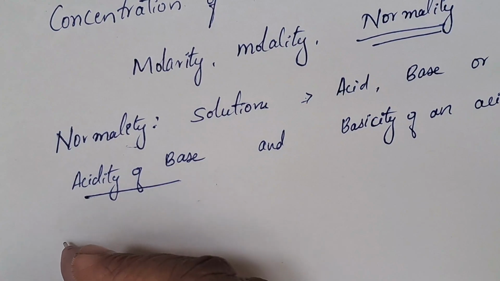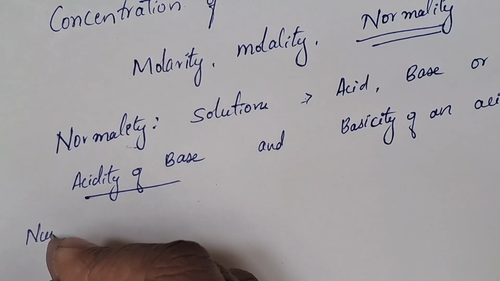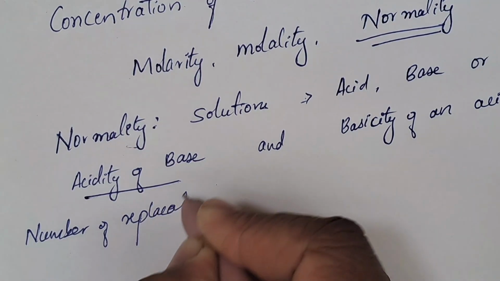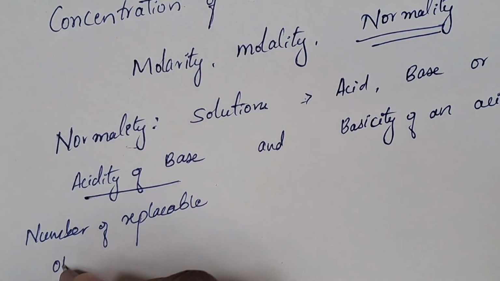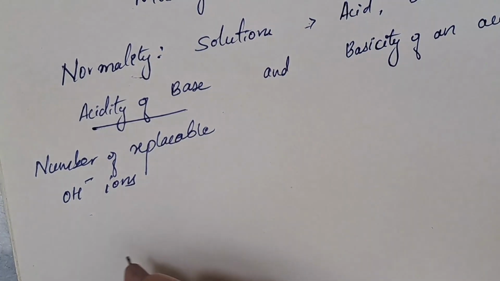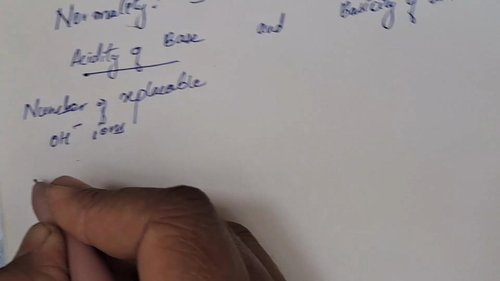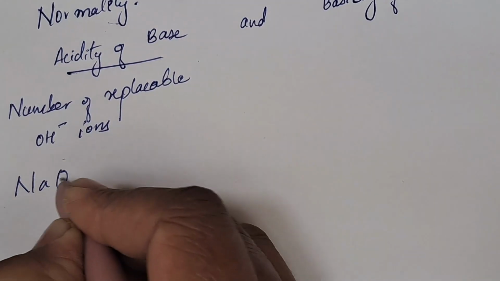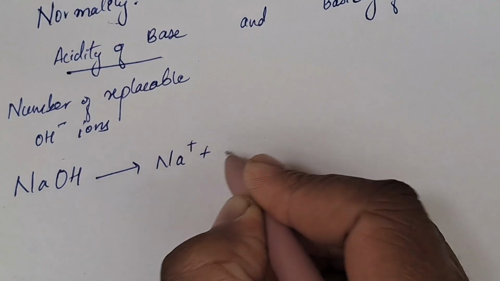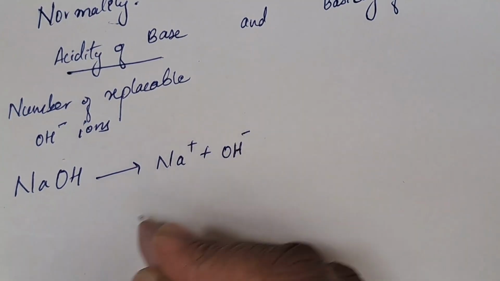Acidity of a base means the number of replaceable hydroxyl ions. Say for example, you have NaOH. If it dissociates, it forms Na+ and OH- ion.